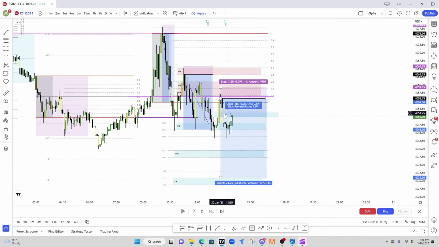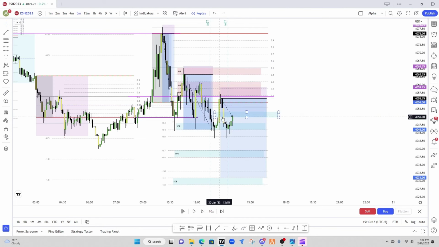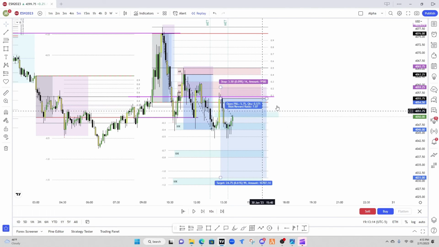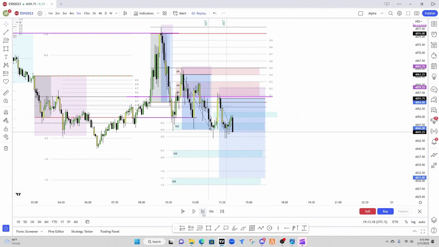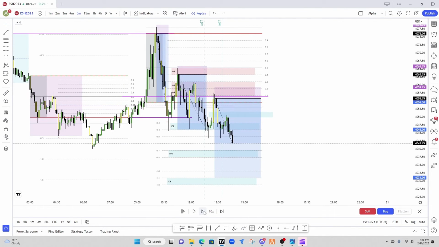You have your window of fair value gaps right here. Actually, you have pretty much 3 of them straight in a row. So we've pushed back in. As long as we don't push above that, I think we will be a-okay. And we've pushed directly away from it, which is great to see. And we are going.